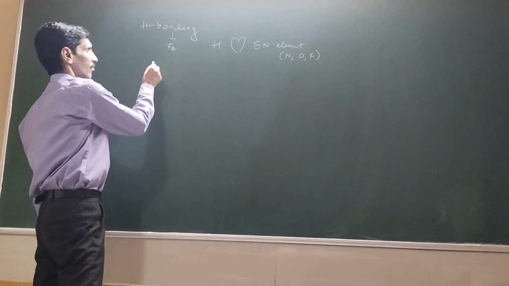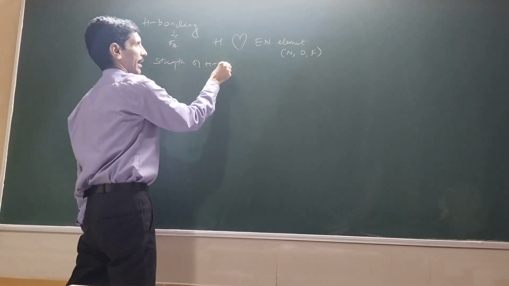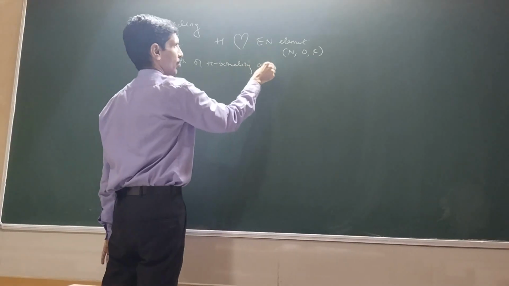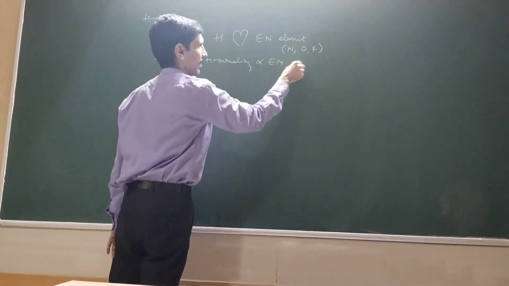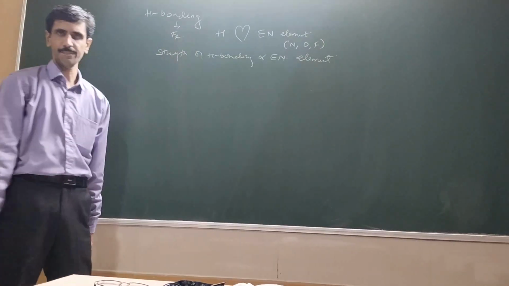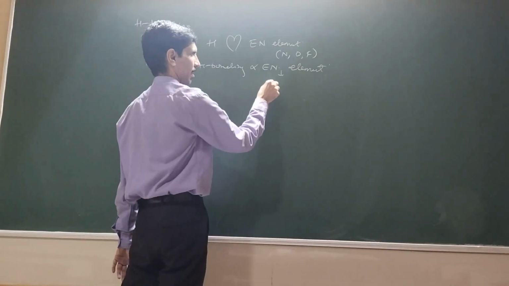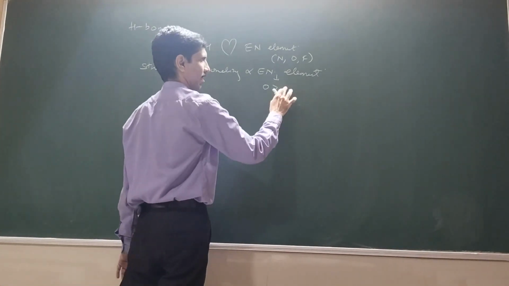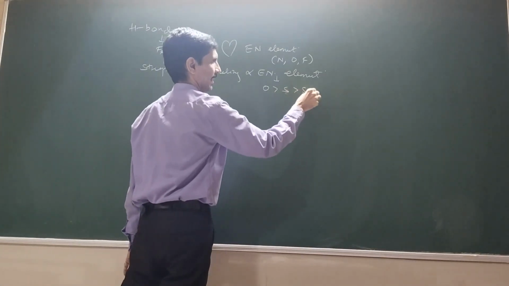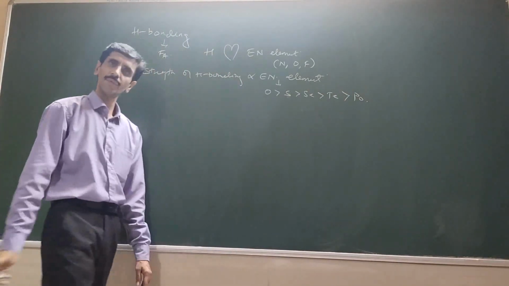So therefore, what we can say is the strength of hydrogen bonding is directly proportional to the electronegativity of the element to which the hydrogen is bonded. Okay? Now when you talk about electronegativity of elements of group 16, the order is oxygen, sulfur, selenium, tellurium, and polonium. Okay?